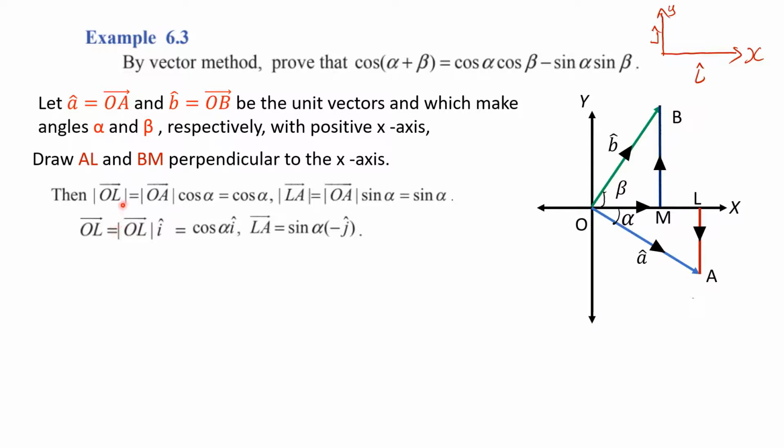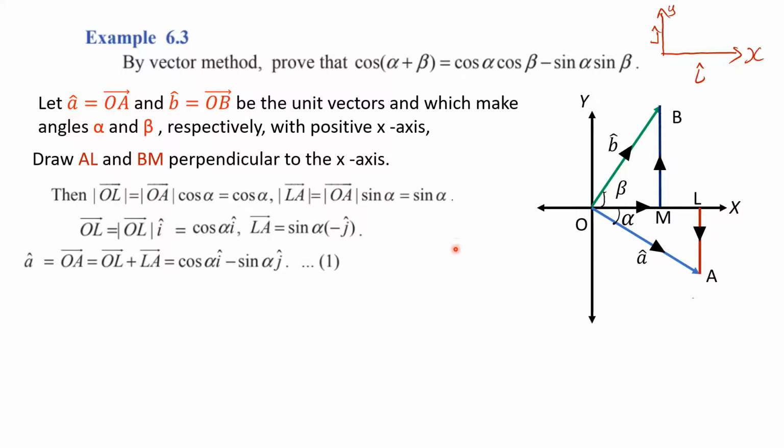So we substitute OL with cos alpha over here, and also we can represent LA, which is this vector here, as sin alpha into minus j vector. So how do I say minus j vector? Because it's in the negative side. It's in the opposite direction. So it is a minus j cap. Okay. So we have now OL vector and LA vector defined.